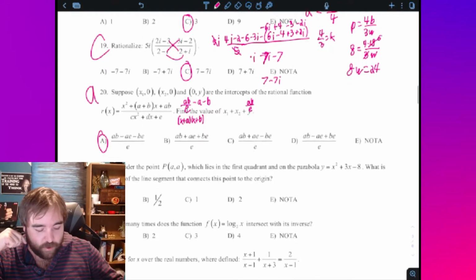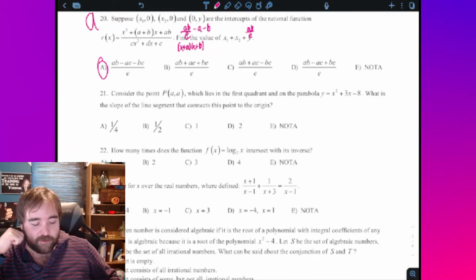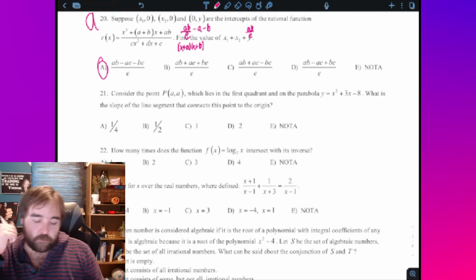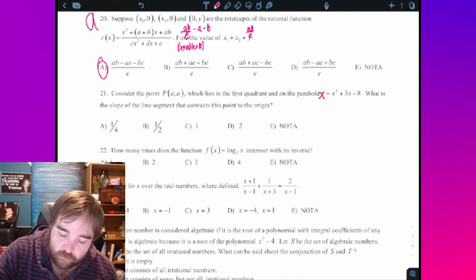Okay. Consider the point AA, which lies in the first quadrant on that parabola. What is the slope of the line segment that connects this point to the origin? So it's just where it's equal, which means it's x squared plus 2x minus 8.